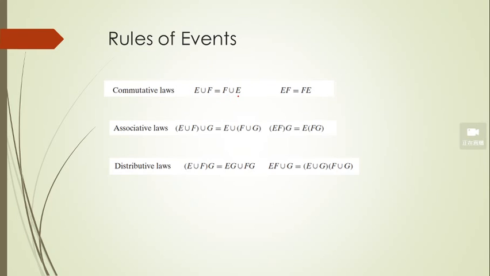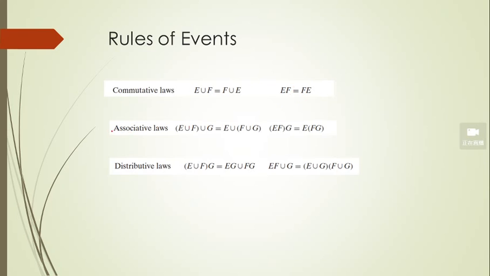If you use the Venn diagram, it's easy to check. The order does not matter, right? E and F equals F and E. No problem. They consist of the same set of outcomes, right?